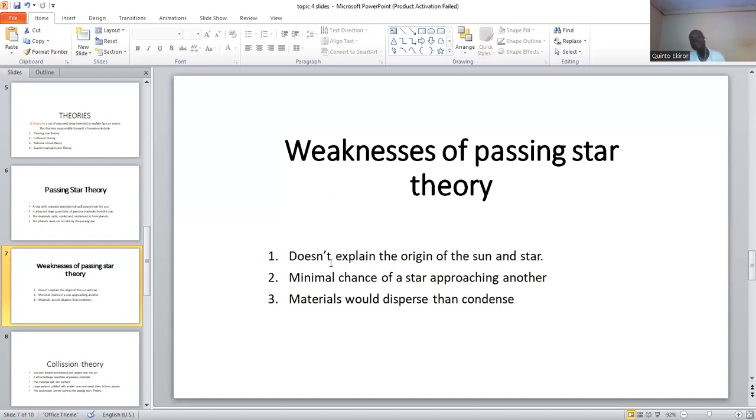Number 2, there is a minimal chance of a star approaching another. Number 3, materials will disperse rather than condense, but we have been told they condense to form planets. Is there any question? Let's proceed to collision theory.